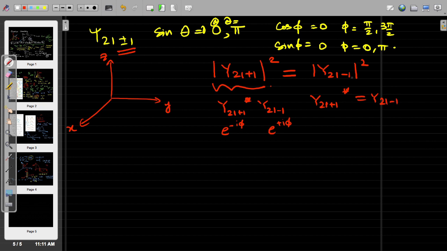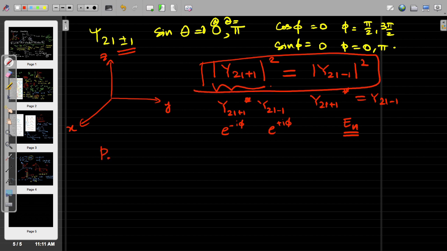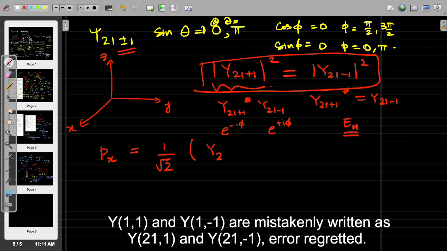And on top of it, you might remember that the energy for a given value is given only by the n value. So these two are degenerate in the absence of a magnetic field. So for the px orbital, we start doing linear combinations with a certain normalization constant times psi 2,1,+1 plus psi 2,1,−1.